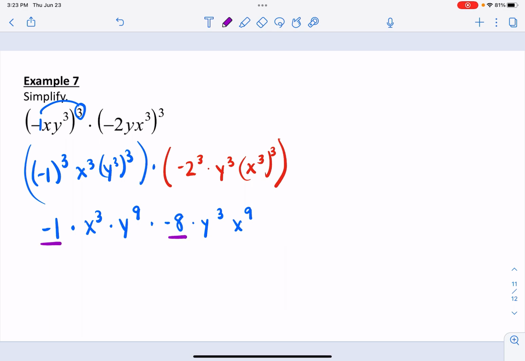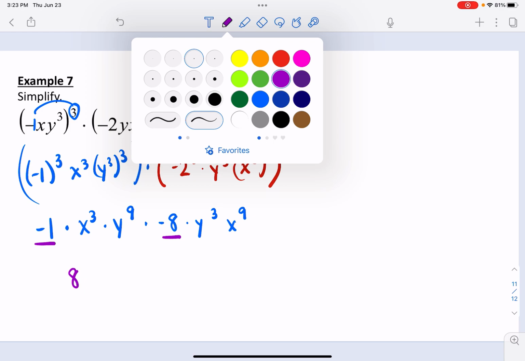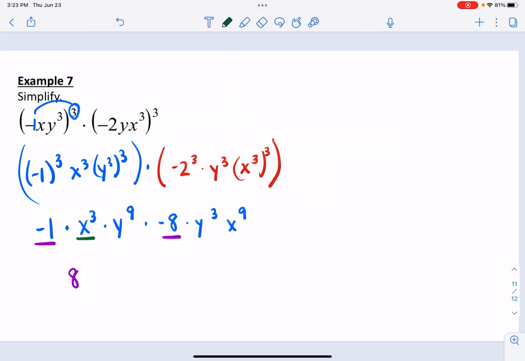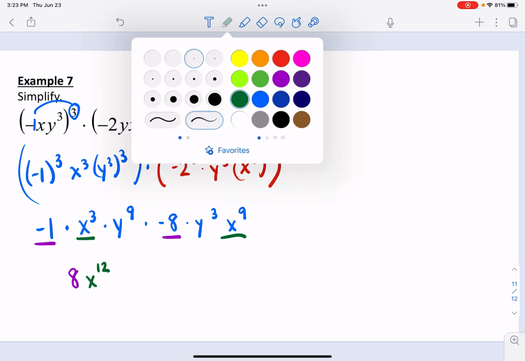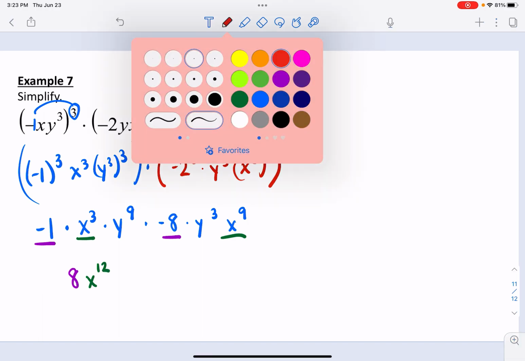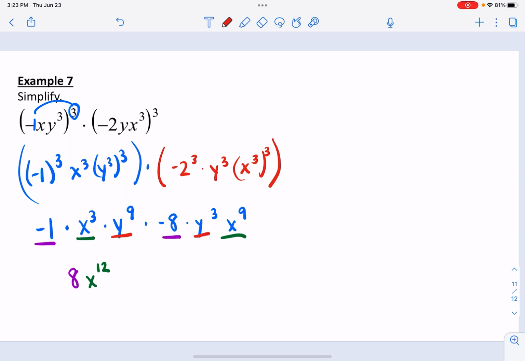So, -1 times -8 is a +8. I'm multiplying x to the third times x to the 9th. That means I add the exponents. So that's x to the 12th. And lastly, y to the 9th, y to the third. Again, add your exponents. You get y to the 12th.